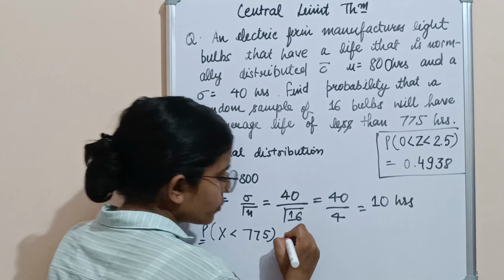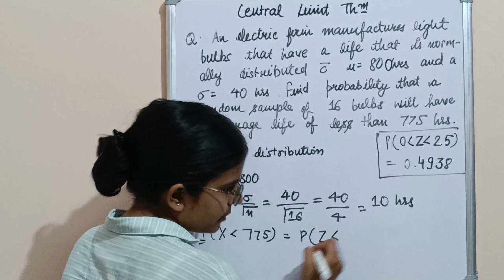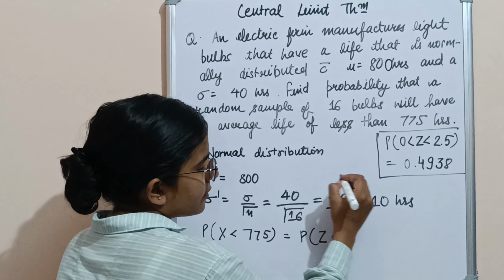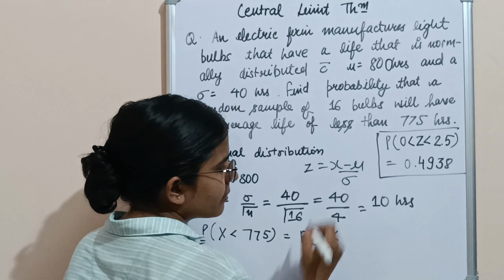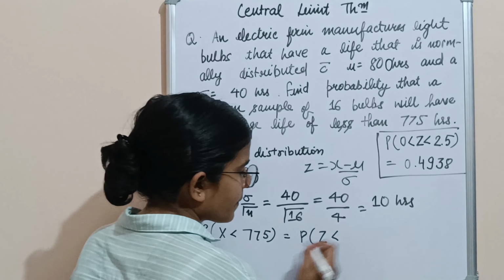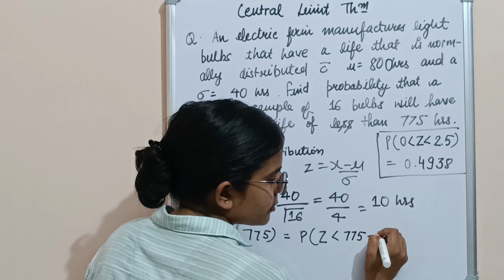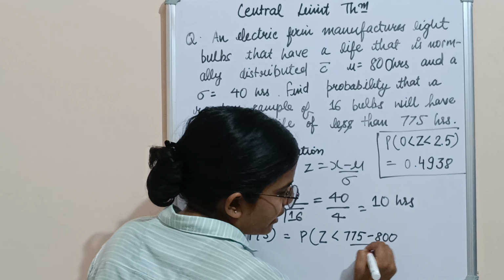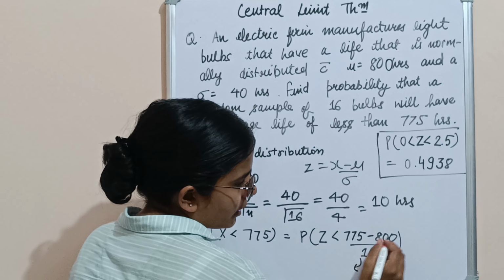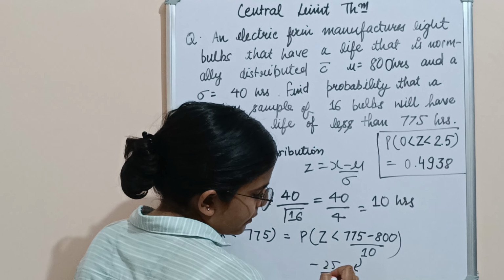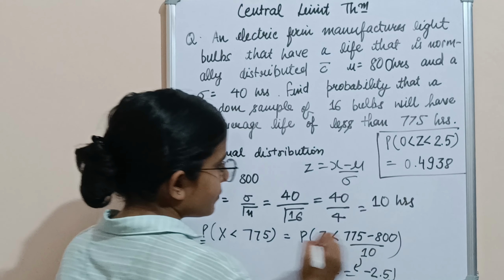So this will be equal to probability of z less than z equals x minus mu divided by sigma. So this will be x 775 minus mu 800 divided by 10. So this will be equal to minus 25 by 10, that is minus 2.5.